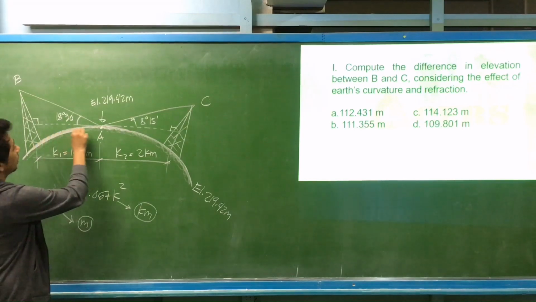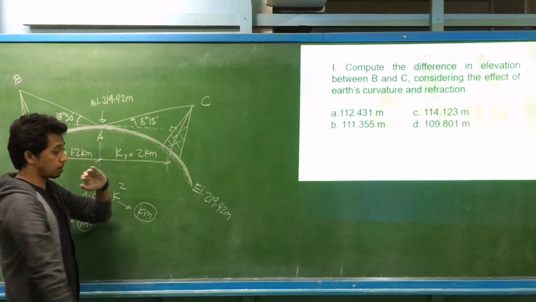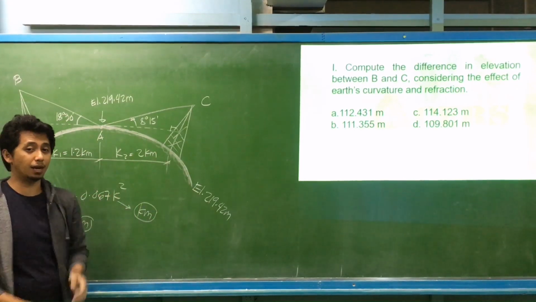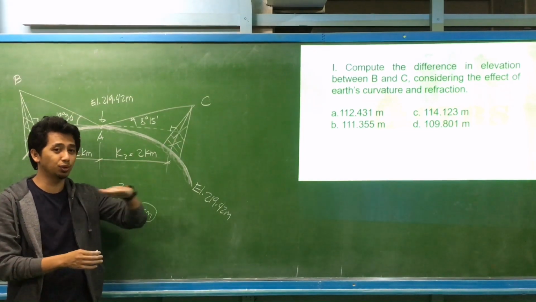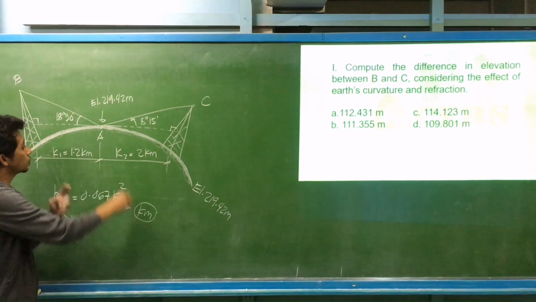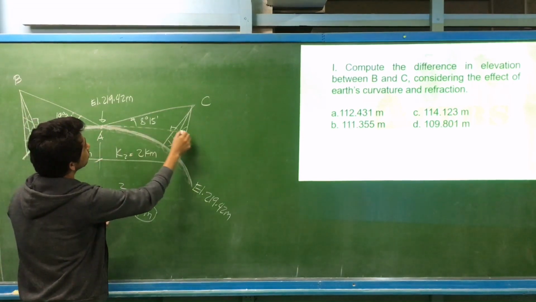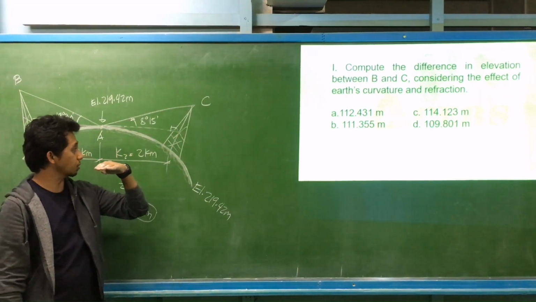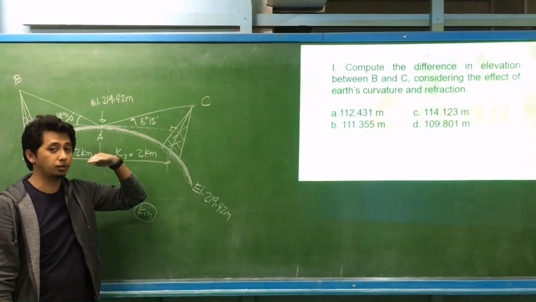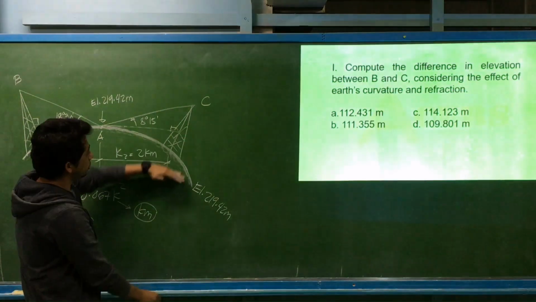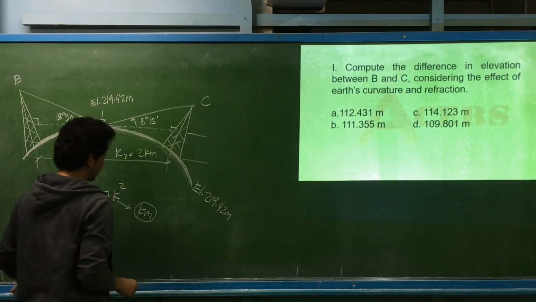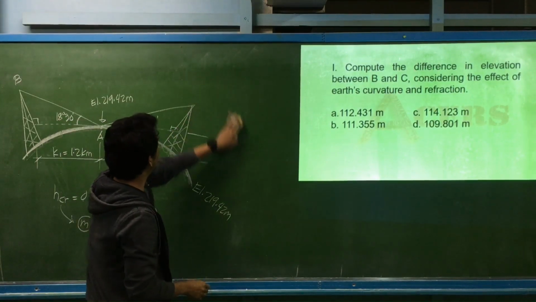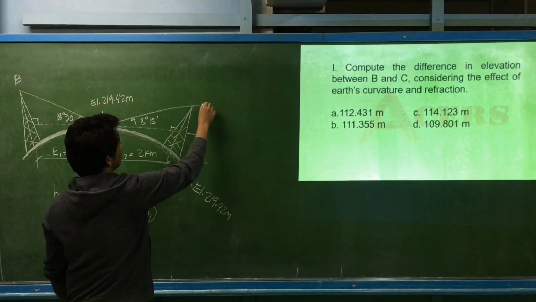We know that the Earth is a curved surface, unless you are a flat-earther, those who believe the Earth is flat. For example, if we do a survey, we assume the line of sight is horizontal, but there is a portion that we do not see or do not consider, and that is the error due to Earth's curvature.